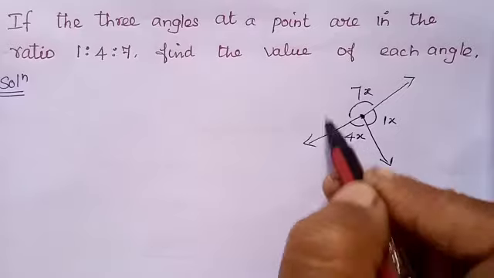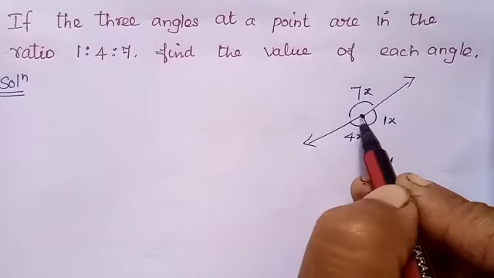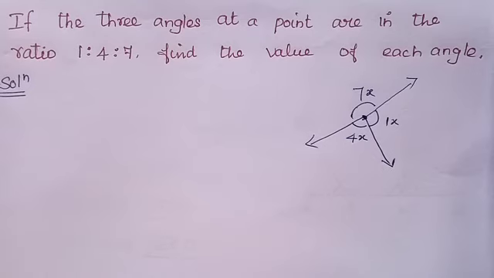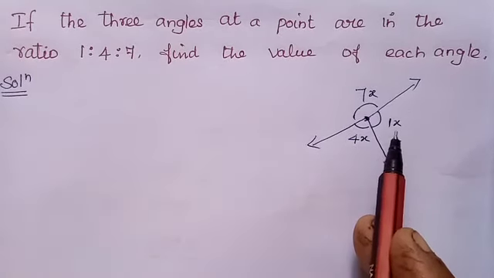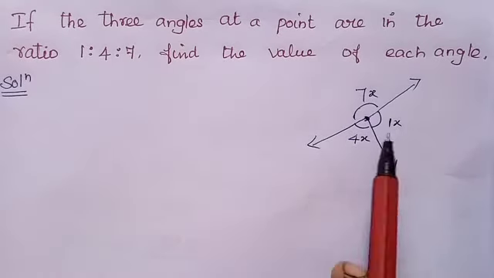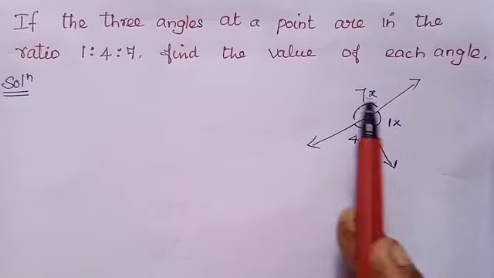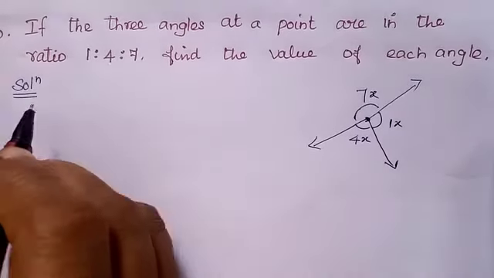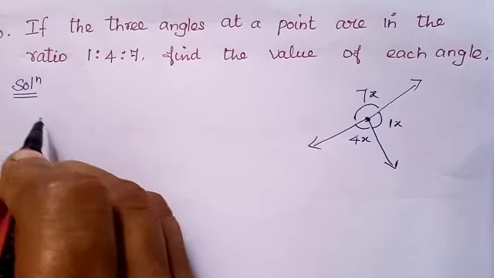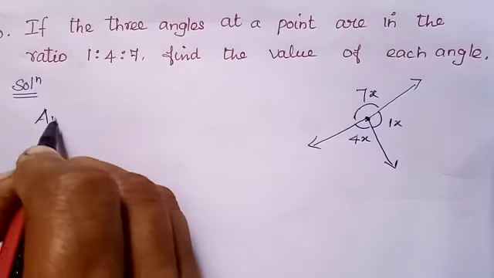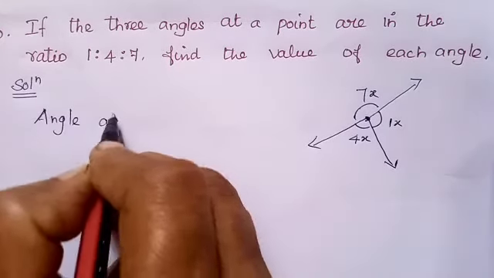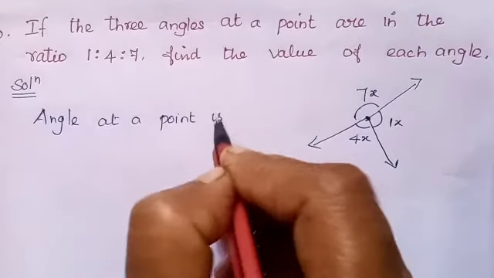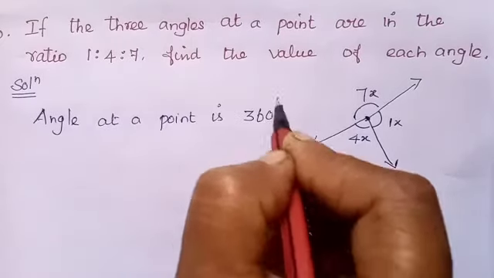Just we can assume this 1x, 4x and 7x. Here already we know the sum of angles at a point is equal to 360 degree. First we are going to find out the value of x and then separately we can find the value of each angle. So what is given in the question? The three angles are at a point. So we can write angle at a point equal to 360 degree.